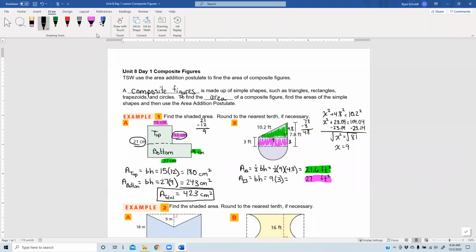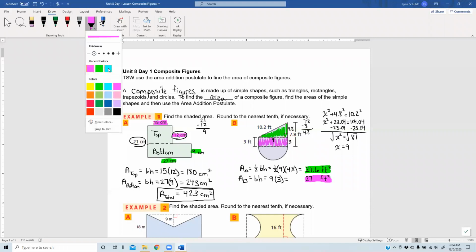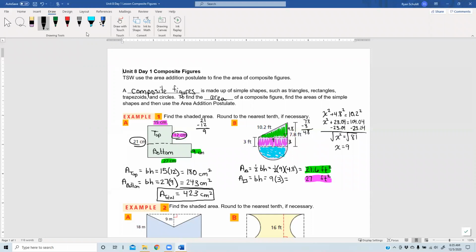And then last but not least, for this one, we need this semicircle. So area of the semicircle. Well, a semicircle is 1/2 of a circle.